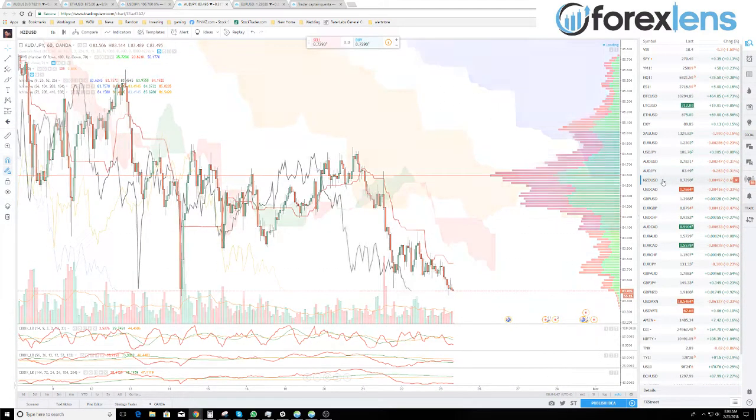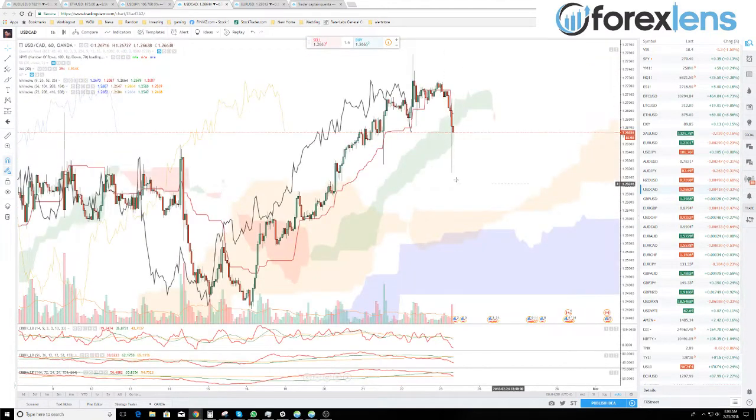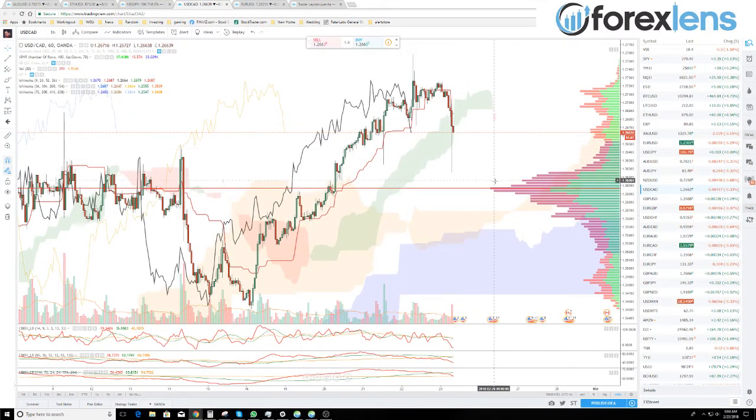I like this pair. New Zealand dollar. UCAD looking like more weakness here. So, yeah, we got some trades coming up, folks. Be some good trades. We had a good week for the most part. And we should look forward to a lot of great trading opportunities as we go forward into the next month.